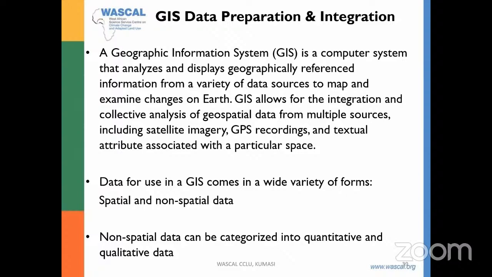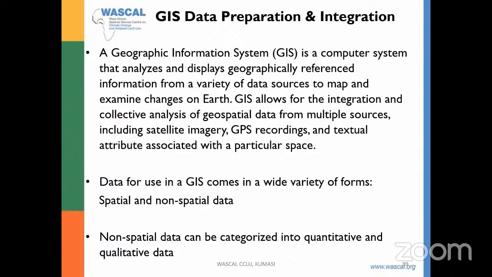So we can be looking at some sources from the satellites, some sources from the drones or the airborne. We can also be talking about terrestrial information, which we can be downloading or accessing from other sources, such as the GPS by recording images.